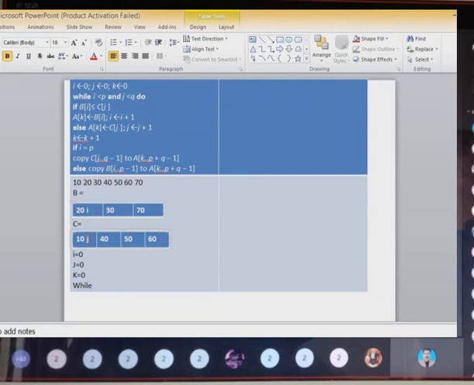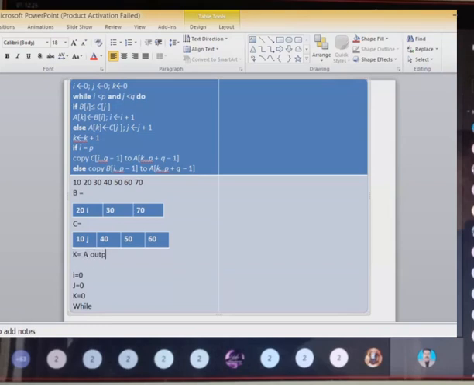In the C array, the first value is j, right? k is the pointer in the output array A. Initially, i equals 0, j equals 0, k equals 0, right?